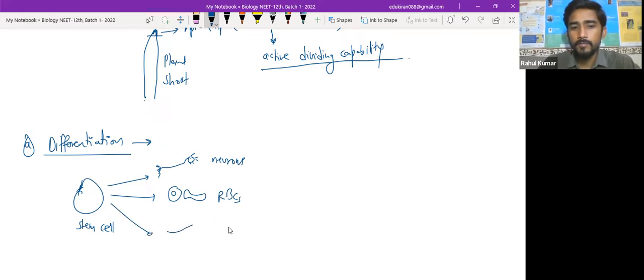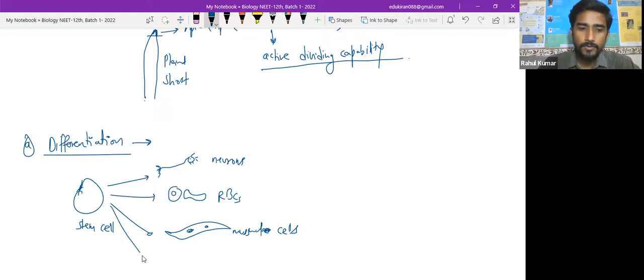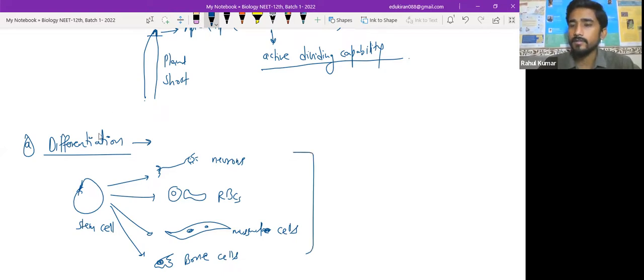We also form muscular cells that are spindle shaped. Muscle cells. We can also form bone cells. Is it clear, everyone? So this process from a common cell line, when we form different structures and functions, is called differentiation, correct?